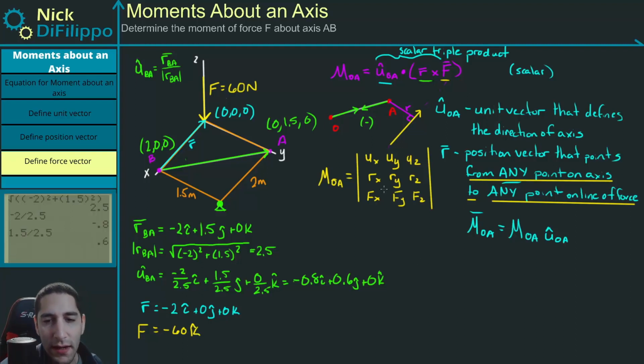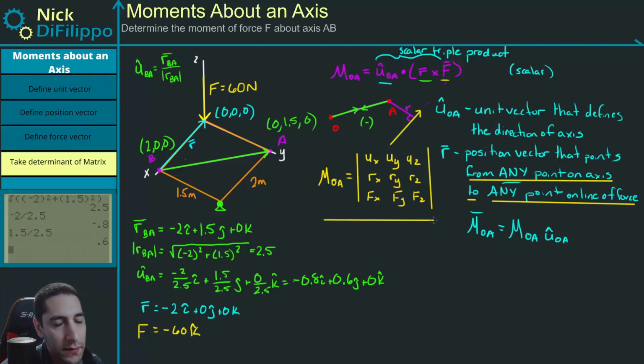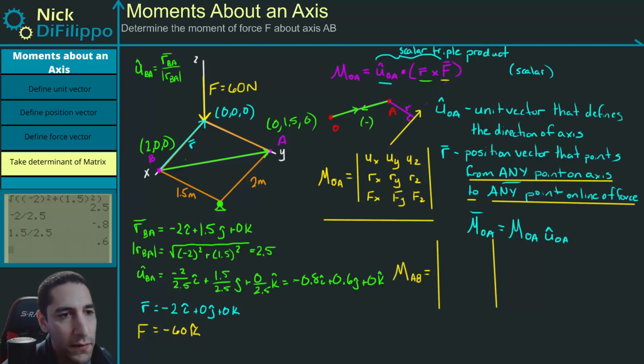So now I'm going to take this matrix, and I'm going to put the moment about AB is equal to, I need all three of these rows. So first, my unit vector. My unit vector becomes minus 0.8, 0.6, and 0.